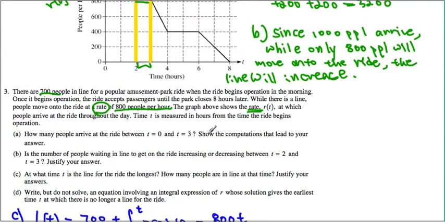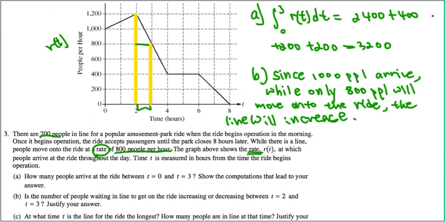Now r of t is already given, so if I just make a mark for 800, you will realize that before t equals 3 we are gaining people, but from 3 and up, more people are riding the ride than are coming in.